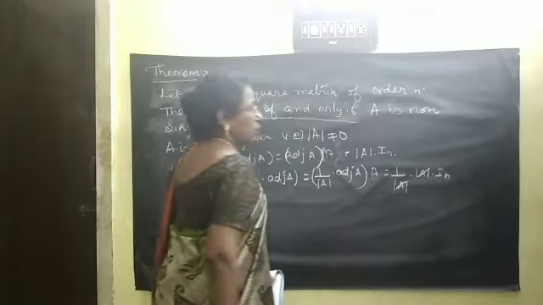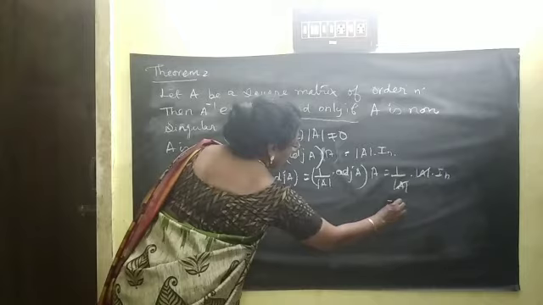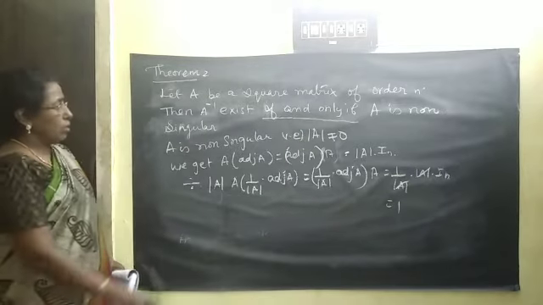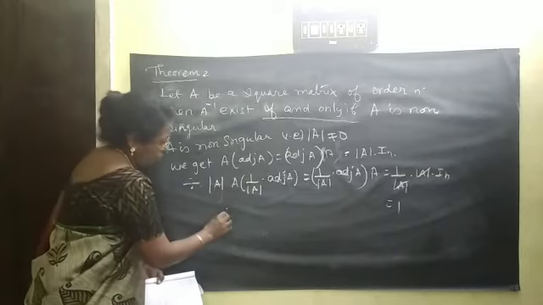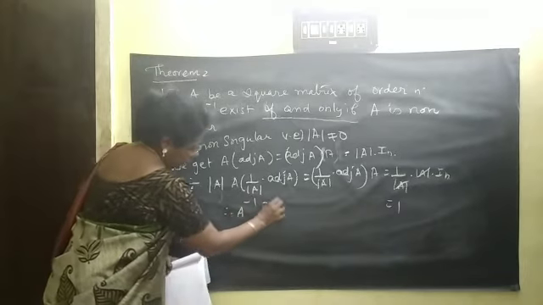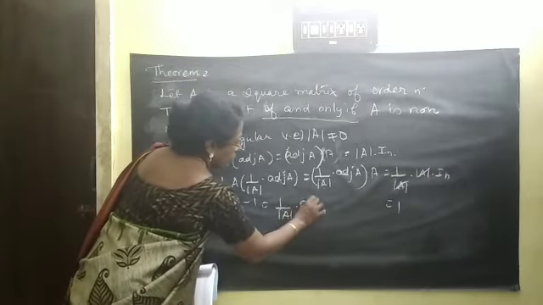So determinant A gets cancelled, and you are going to get this value equal to 1, which indicates the property. Hence A inverse is equal to 1 by determinant A into adjugate of A.